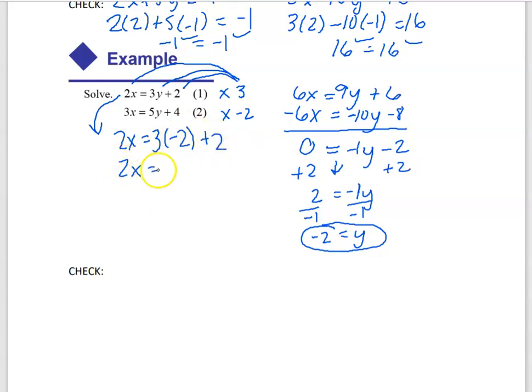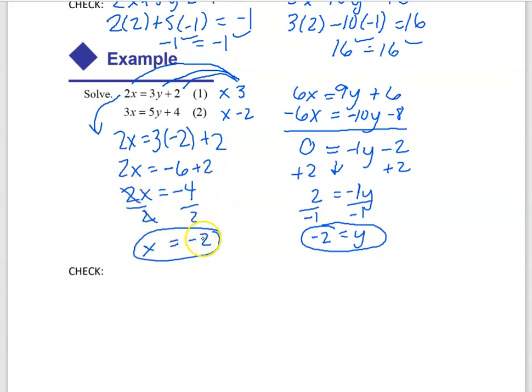So 2x equals negative 6 plus 2, which is negative 4, divided by 2. So x ends up being negative 2. So these two lines would cross at the point, like if I drew an xy axis, these would cross at the point negative 2, negative 2.